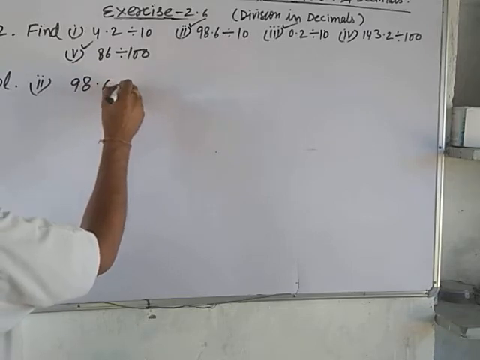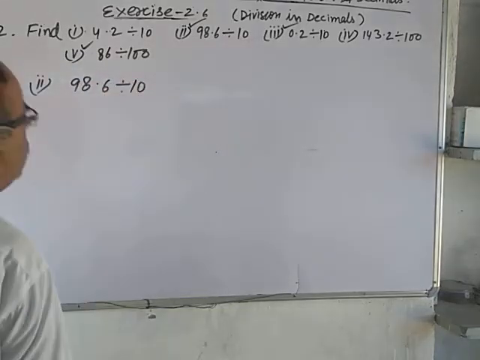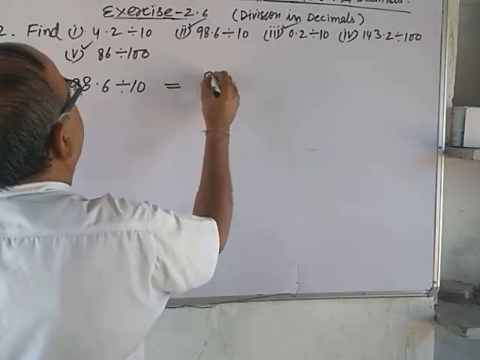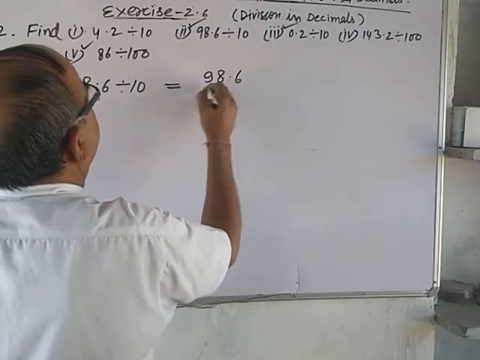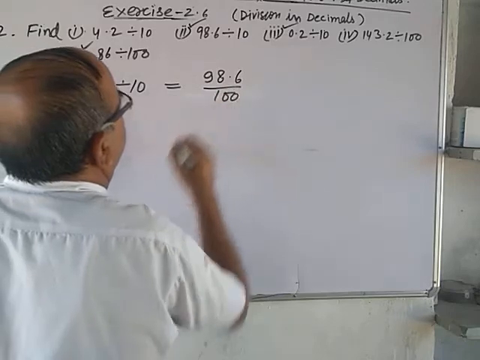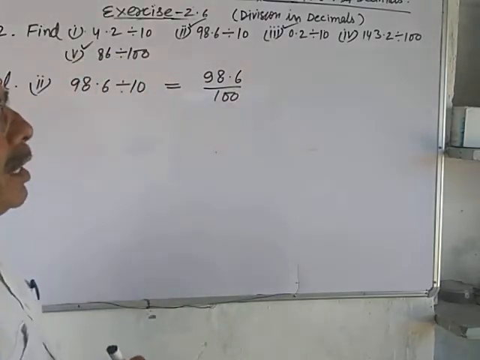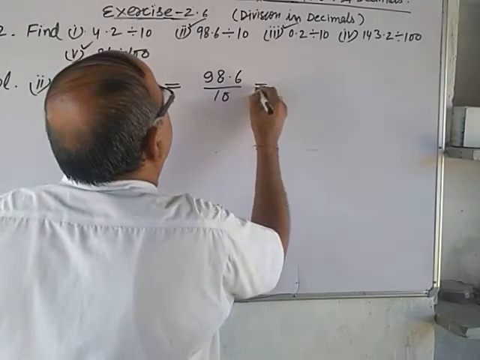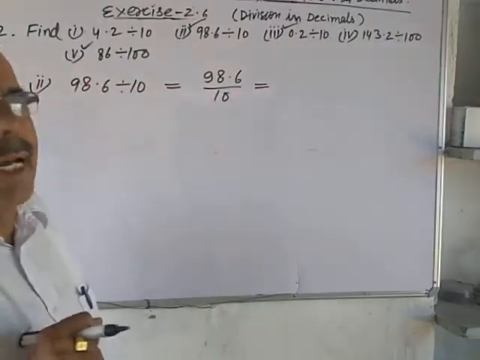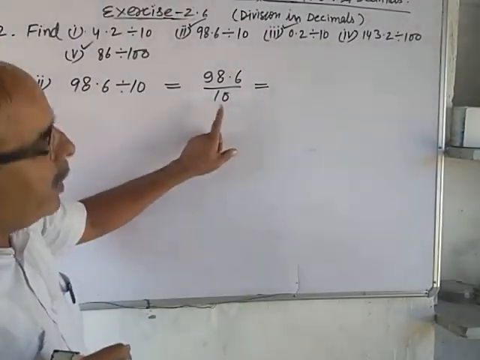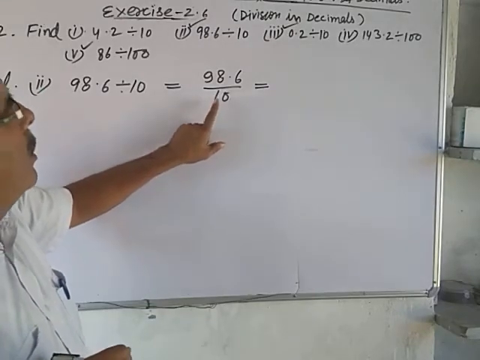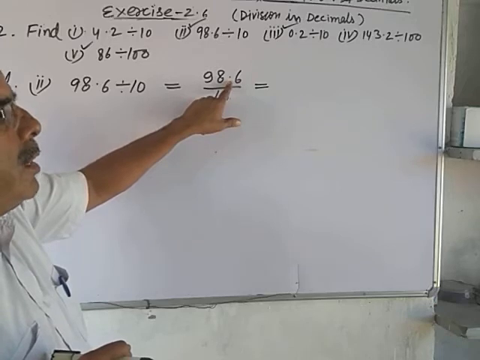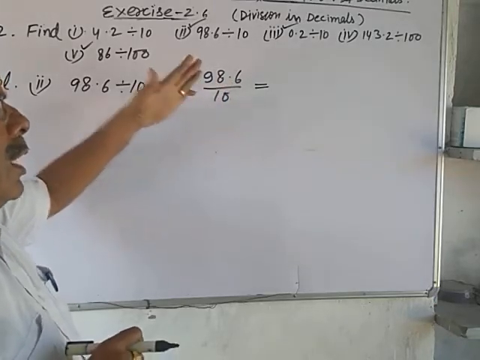98.6 divided by 10. We can write it 98.6 upon 10. This is the fact that if we divide by 10, then the decimal is moved to the left side.